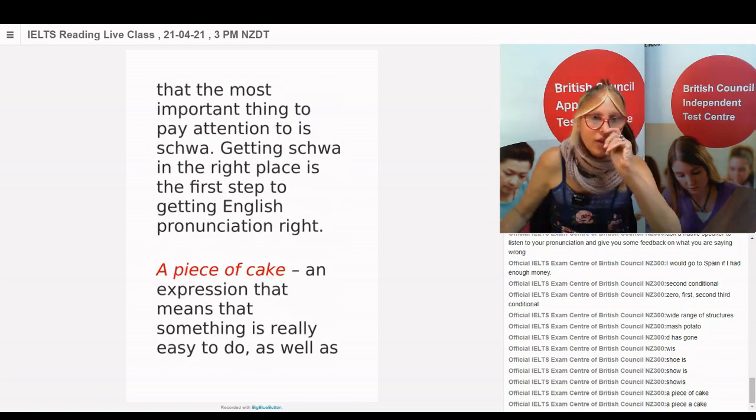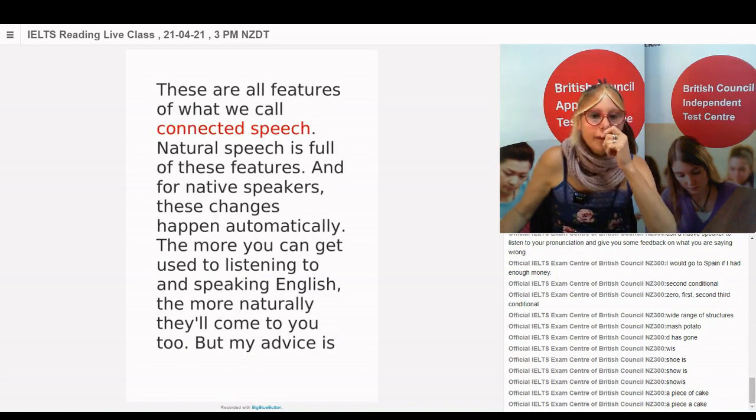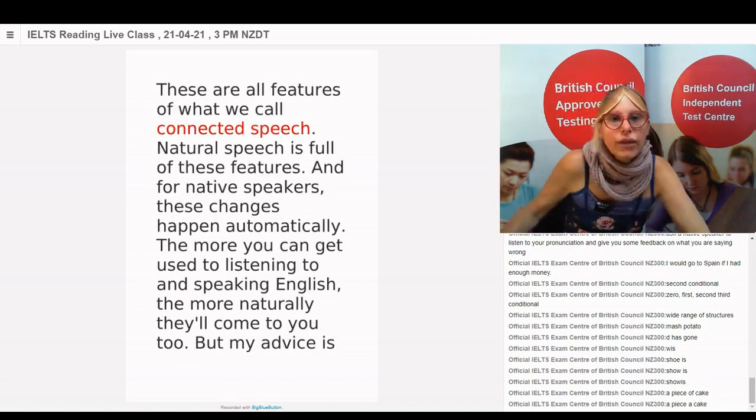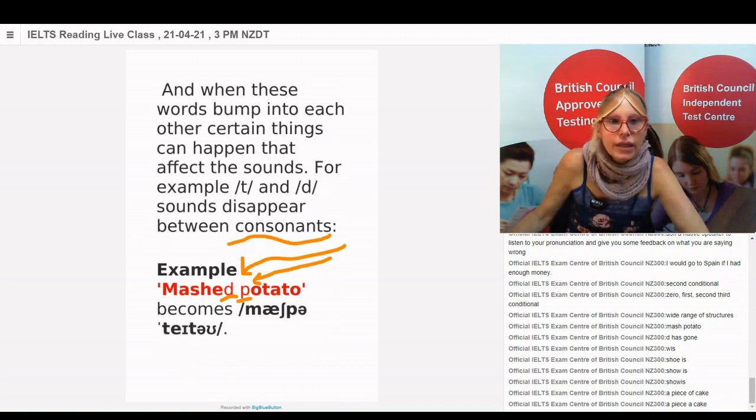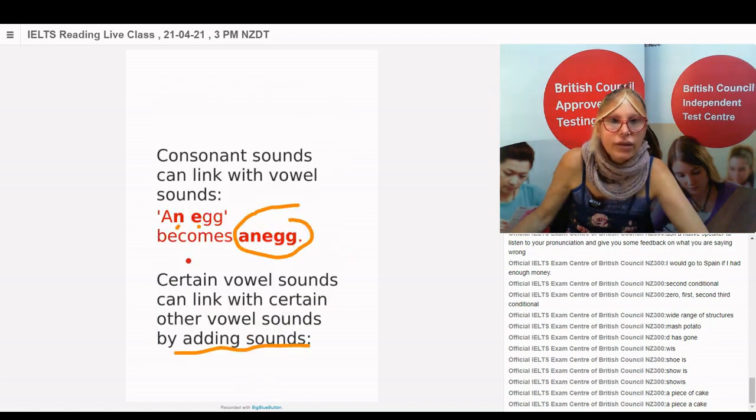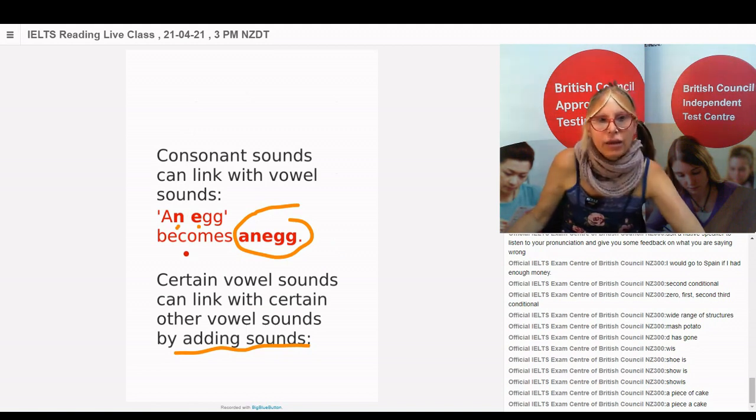Okay, we'll come back to the schwa in a little bit. Let me just go back to the next slide. So these are all features of what we call connected speech. We've looked at the T and the D and how that can change when they're put together. Mashed potato, we lose the sound of the D there. Then we've looked at a vowel combined with a consonant, an egg, rather than an egg.